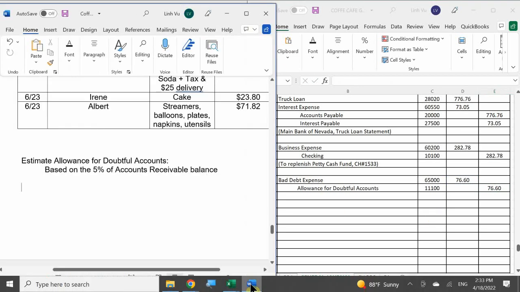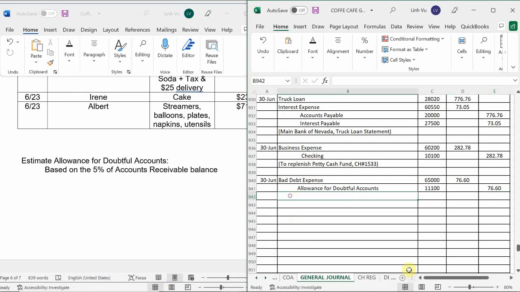And my note here could be potential bad debt, which is 5% of accounts receivable balance.